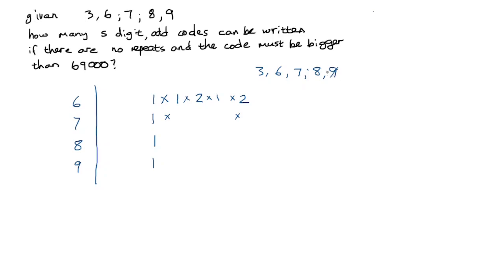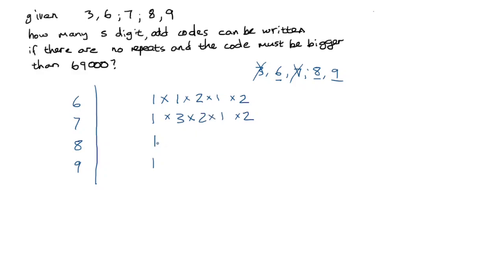If I've started with a 7, then that means that I've used up my 7 to start with. And so if it must be an odd number, I've only got 2 odd numbers left. So now I've used up one of the odd numbers, which means there are potentially, let's just say I use the 3 as an example, 3 numbers left floating around. And so these numbers would be 3, then 2, then 1.